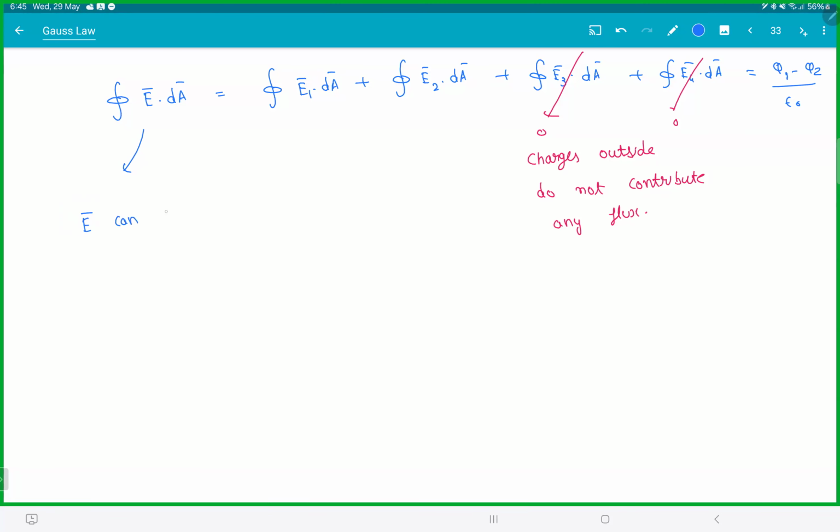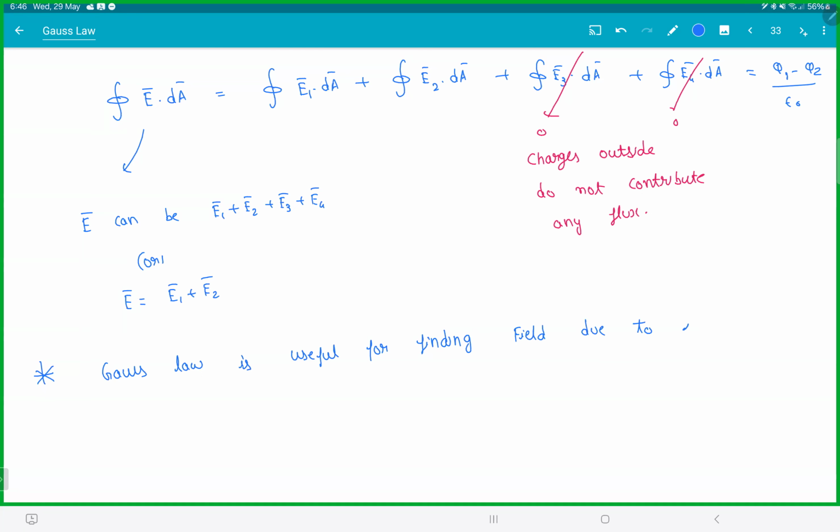So what is this Gauss law useful for? Gauss law is useful for finding field due to symmetrical charge distributions. So if there's a charge distribution which is symmetrical, it's quite convenient to use Gauss law.